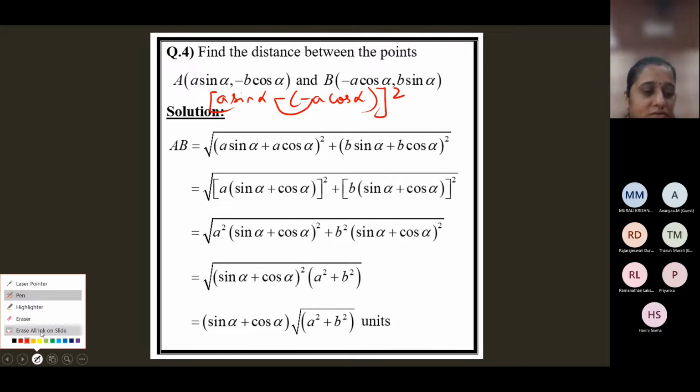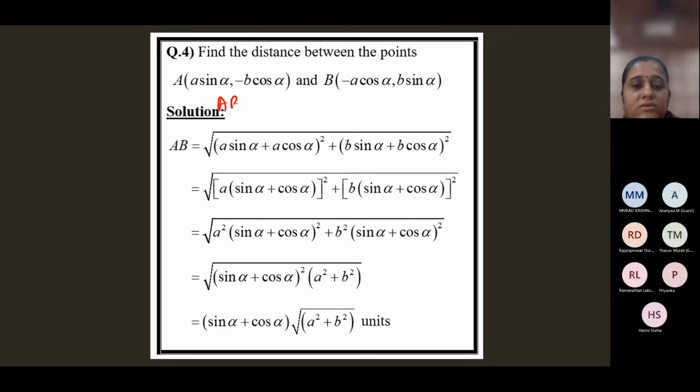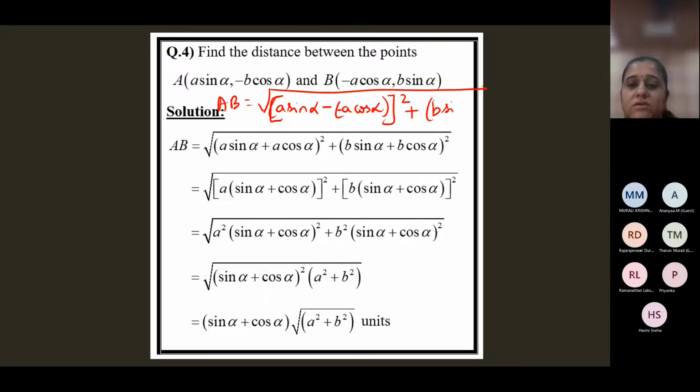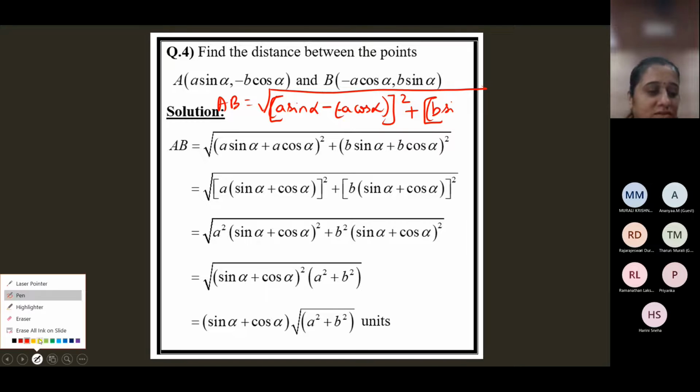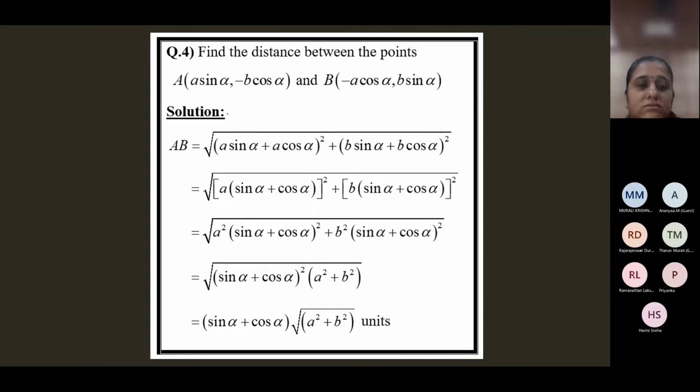Okay, let me write that step so that all of you can see. So AB is equal to square root of a sine alpha minus a cos alpha, the whole square. Difference between the x coordinates, the whole square. Then plus difference between the y coordinates. I've written b sine alpha first. Just write it neatly, children.